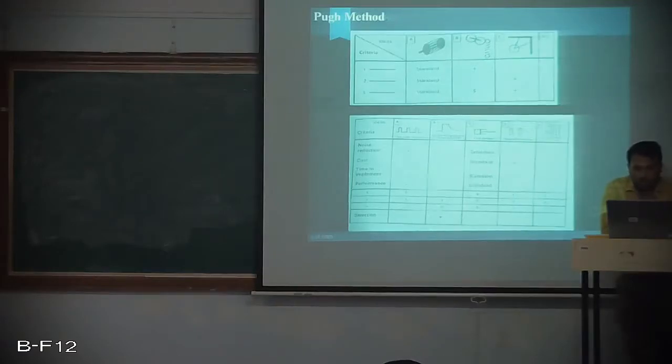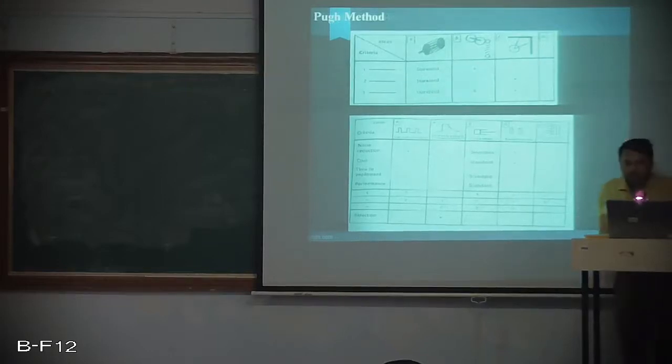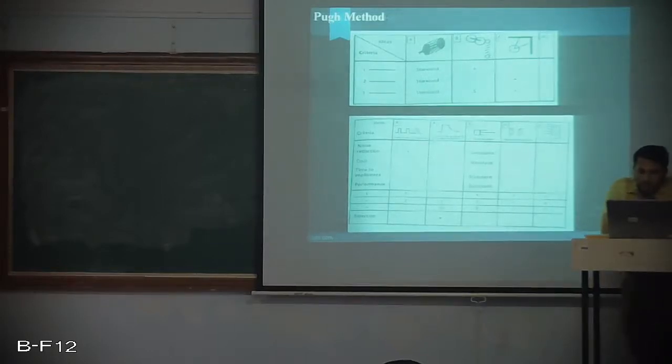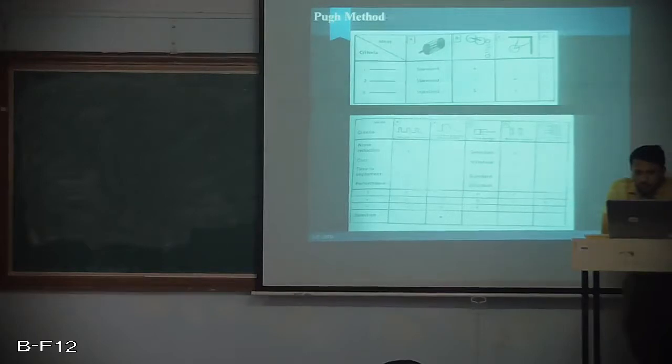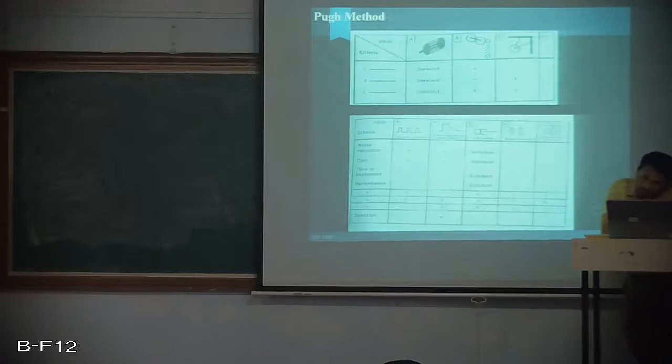For cost, compared with the third component, it is less cost, hence positive. For time to implement, it is negative, less is more, hence it is written as negative. And performance wise it is also quite less compared to C, hence negative.